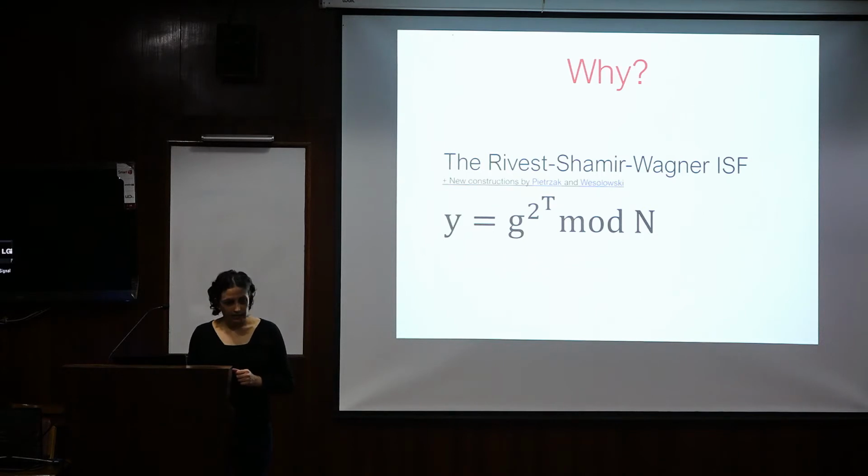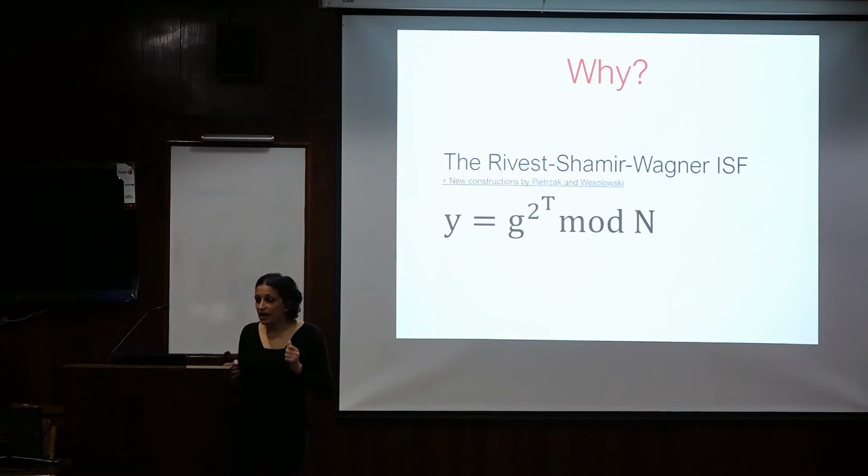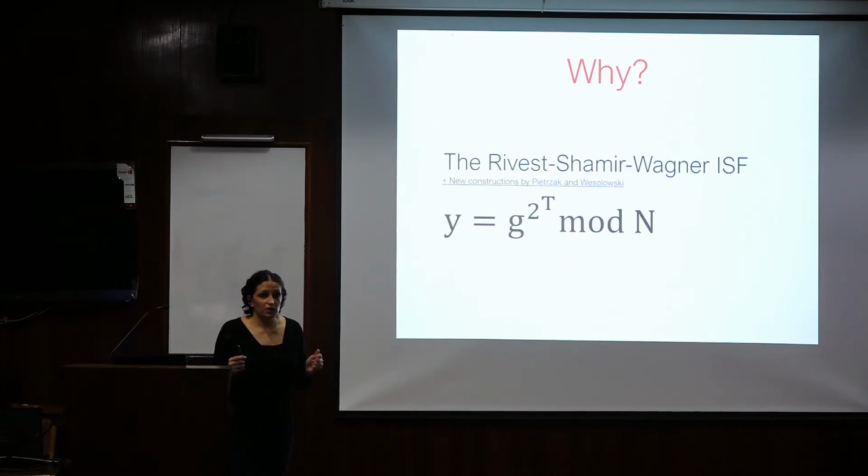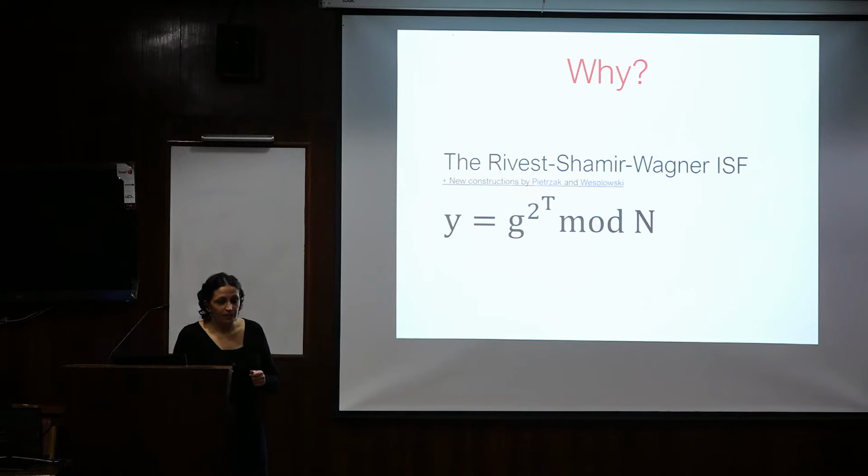And these types of functions have turned out to be very useful, specifically for blockchain applications, where we would like the verification process to be public. So we don't want anyone to be using the prime factors to verify the outcome.